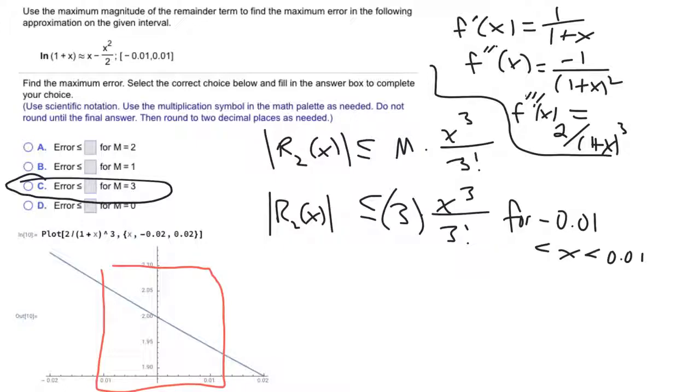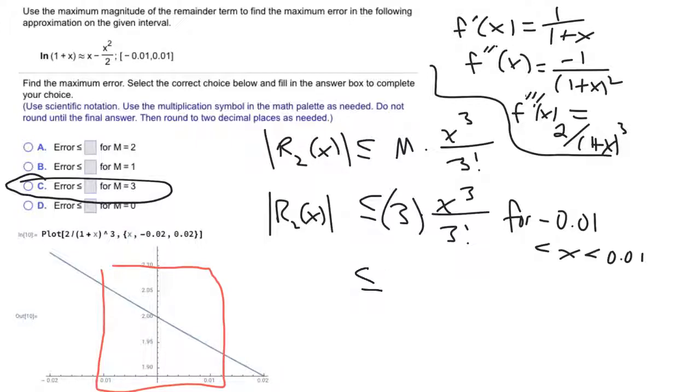And so putting the largest x you can into this formula will give you the largest value you can get here. If you're not sure about that, you could also plot this over negative 0.01 to 0.01 to see how big it gets. But I'm sure that this is as big as it can be when the x is as big as it can be.